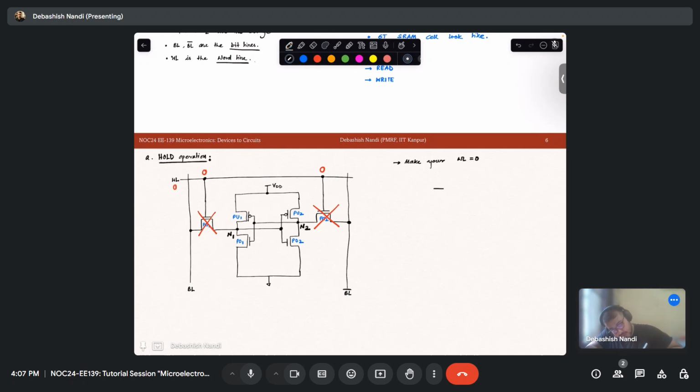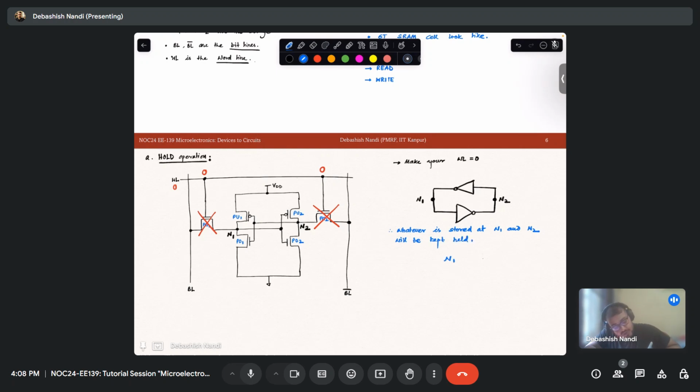Our circuit becomes simply this, right? So this is your N1 node, this is your N2 node. Okay. So whatever is stored at N1 and N2 will be kept held.